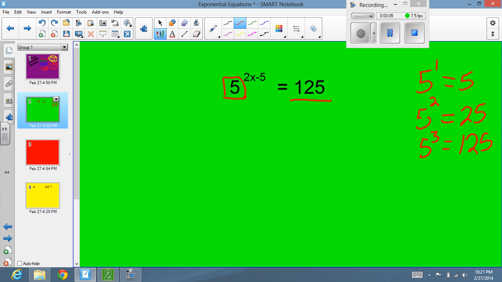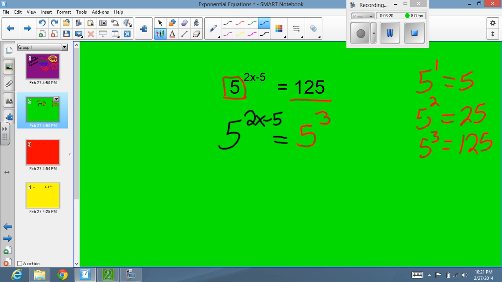So what I can do here, I'm not going to change anything over here. I'm still going to keep this as 5 to the 2x minus 5. But on my other side, instead of 125, I'm going to write this as 5 to the 3rd.